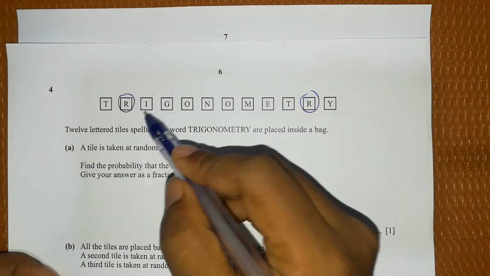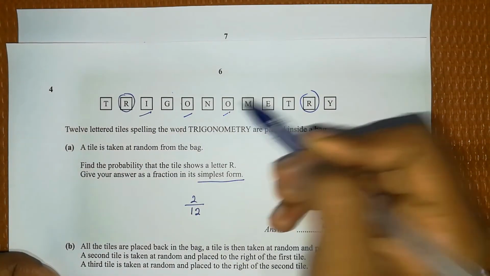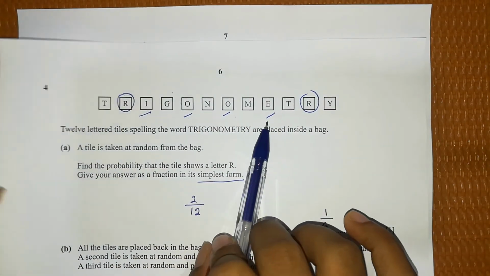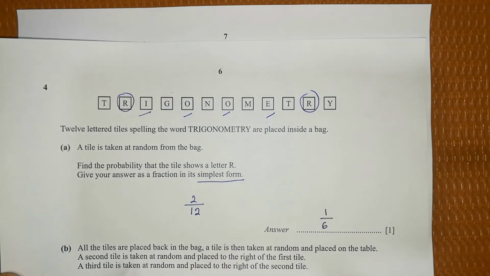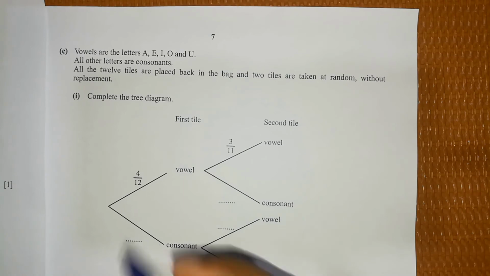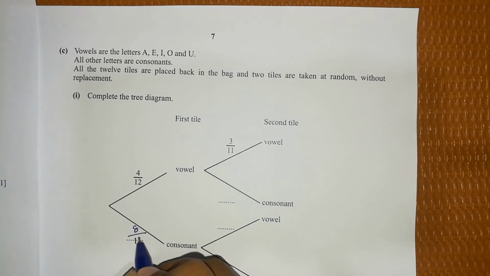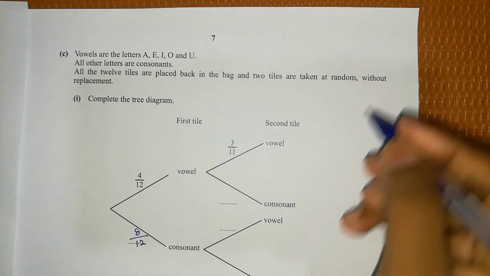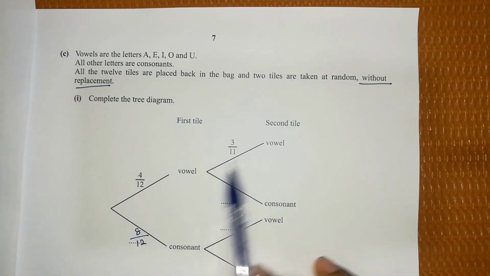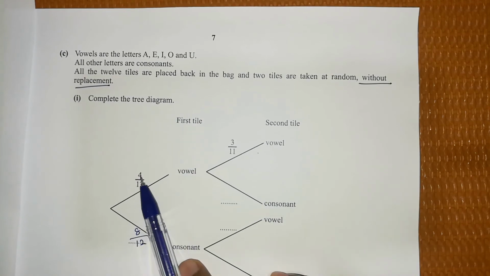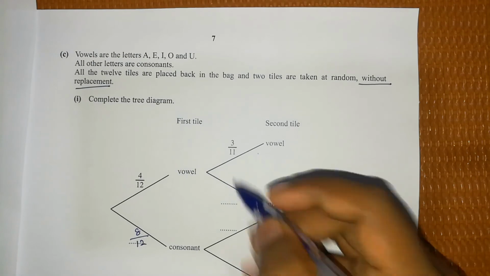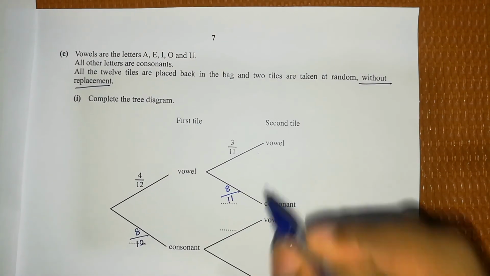So I, O, again O, E. So 1, 2, 3, 4 vowels are there. The others are consonants. So that's why they have put 4 out of 12 here and here it is 8 out of 12. Here again without replacement. So when it comes to the second tile, 4 becomes 3 and 12 becomes 11 and this doesn't change. So this is going to be 8 upon 11.